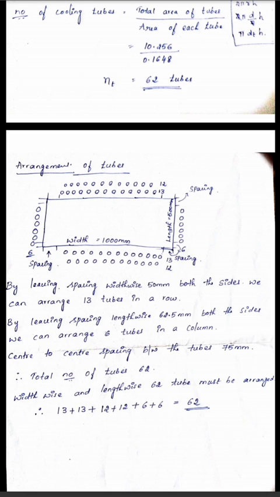So 1000 minus 12 into 75 mm gives the spacing widthwise as 100 mm. But I have to place it on both sides, so 100 divided by 2 is 50 mm. So 50 mm on both sides.